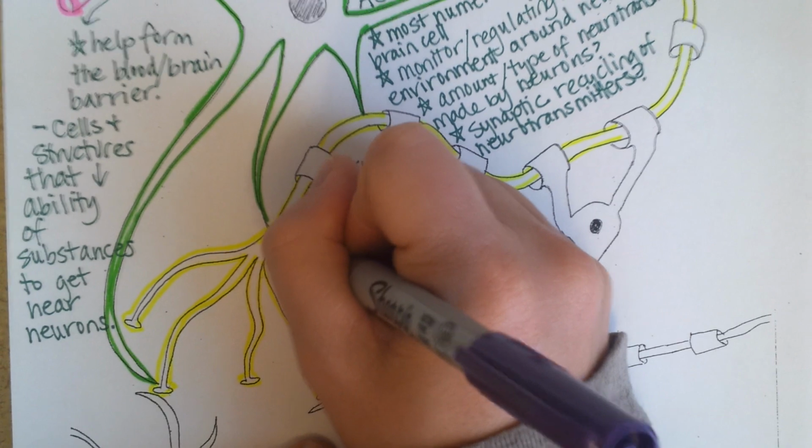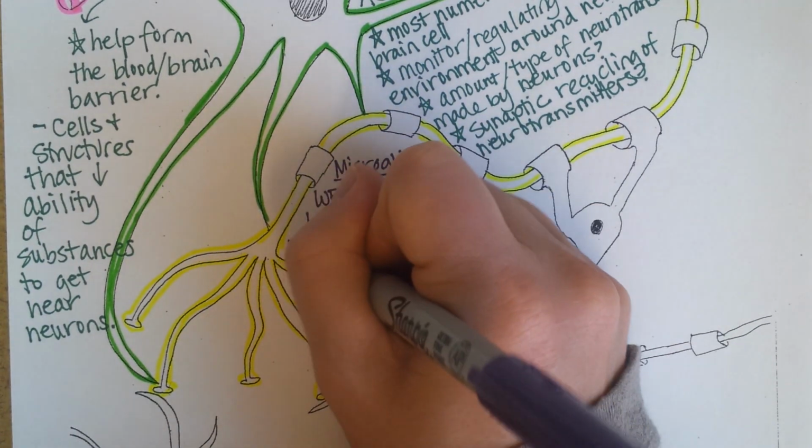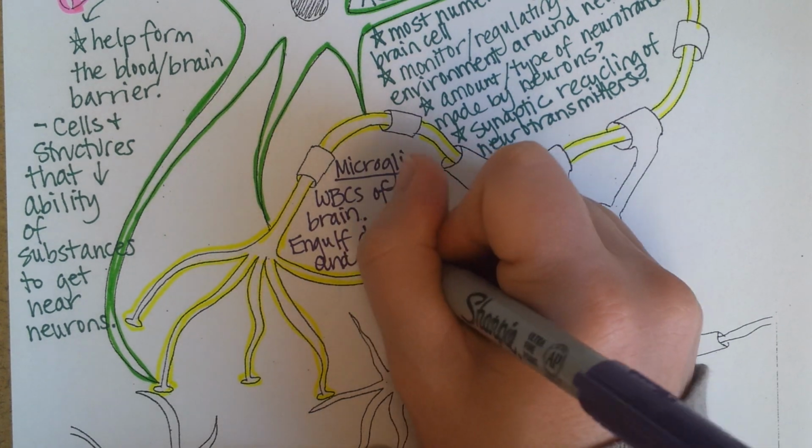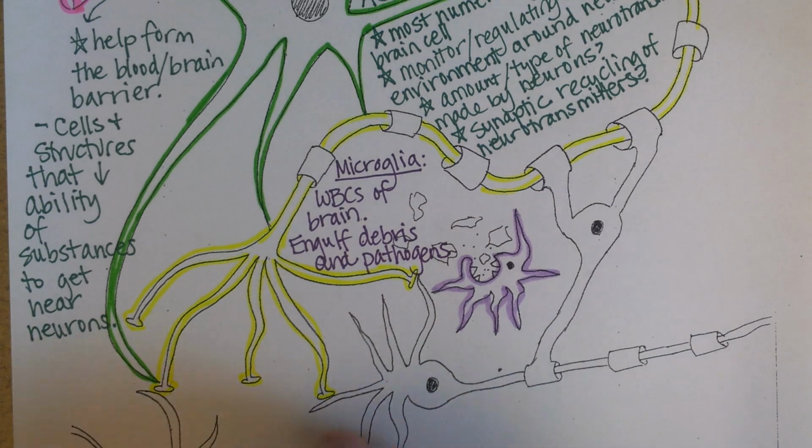So they engulf debris and pathogens, although we would hope that mostly the brain is sterile and doesn't have any pathogens in it. So during fetal development, little cells that were beginning to form other types of blood cells began to migrate in your body, and they went up to your brain, and then they were already in your brain as the rest of the brain formed around it.